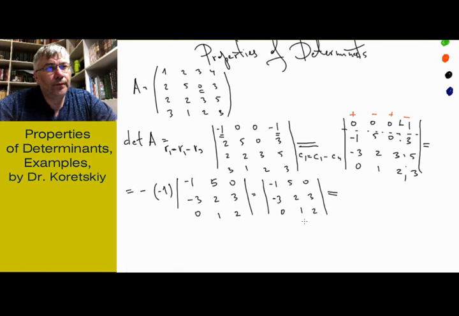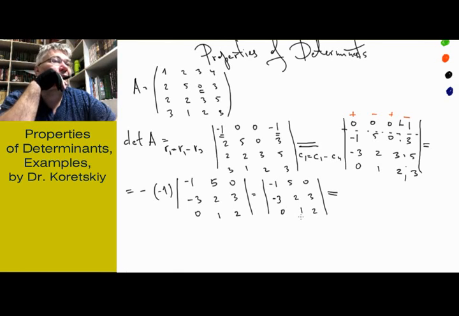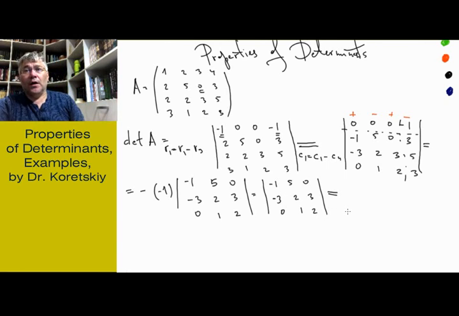Better to use, for example, multiplying the first column by a number. You remember that if you multiply a column or row by a number, the determinant is correspondingly divided or multiplied by the same number.